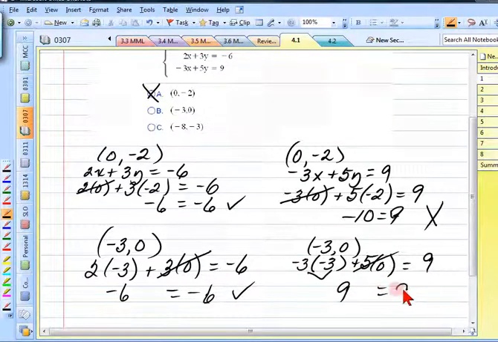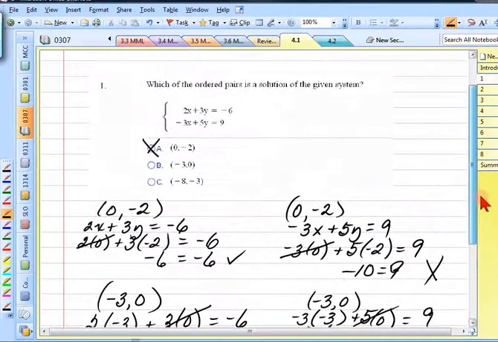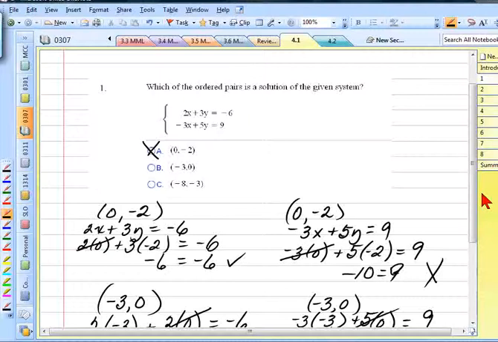That's gone. 9 equals 9. Yes. If it is a solution to the first equation and it is also a solution to the second equation, then we know it is a solution to both. It is a solution to the entire system. So choice B is correct.